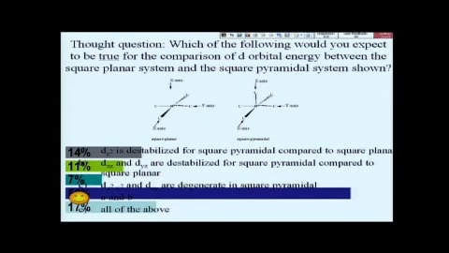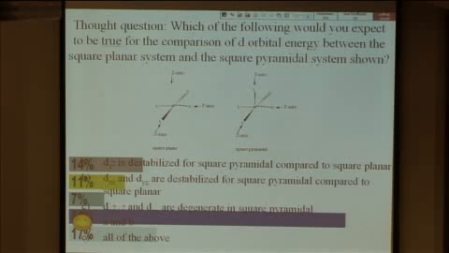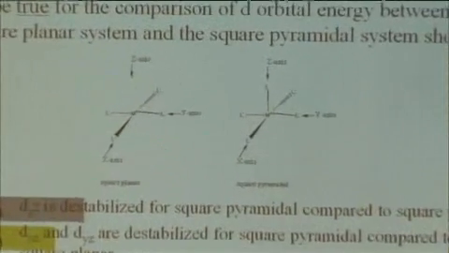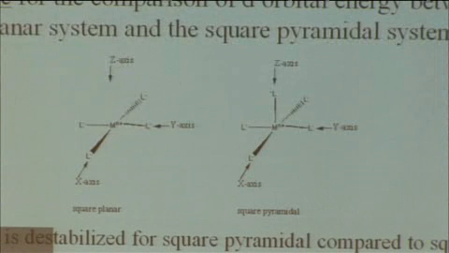So if we consider that we had the top two are correct, if we consider the z squared, now we put a ligand along z, so that is going to cause that to be more destabilized for this geometry rather than square planar, which doesn't have anything in the z direction.